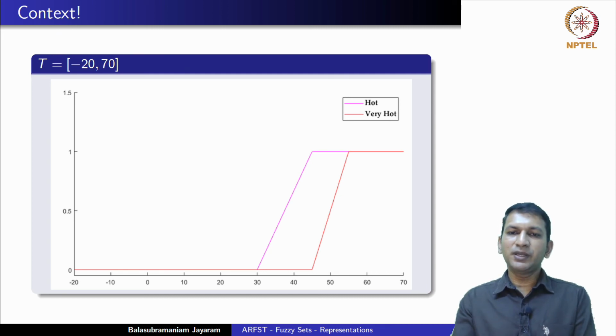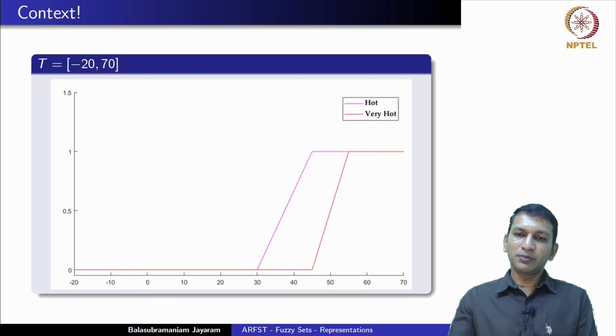If they were to be represented like this, look at a temperature like 60 degrees centigrade. It is not only very hot, it's a prototypical element of the concept very hot, but it is also a prototypical element of the concept hot. That means in fact you could even say that every temperature degree which is completely very hot belongs to very hot to membership value 1, belongs totally to very hot, also belongs totally to hot.